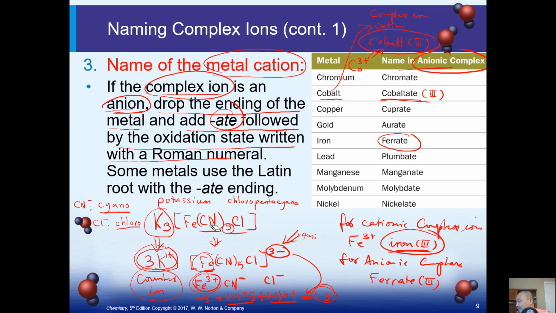But this is anionic. So for this reason, this iron is not called iron 3. Rather, it's going to be called ferrate 3. So that's how we name the metal ion if it's part of the complex anion.